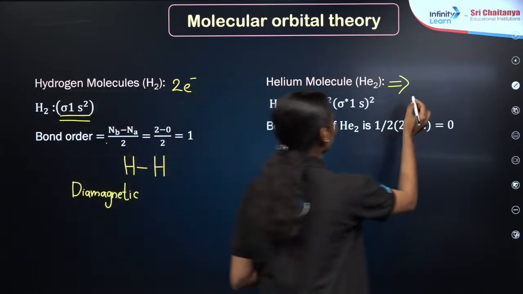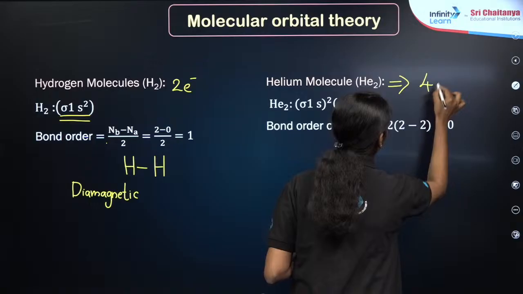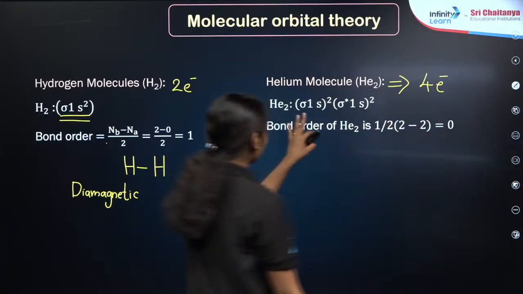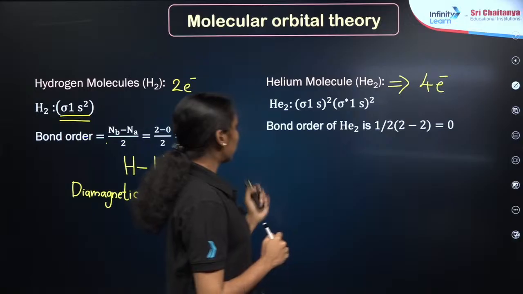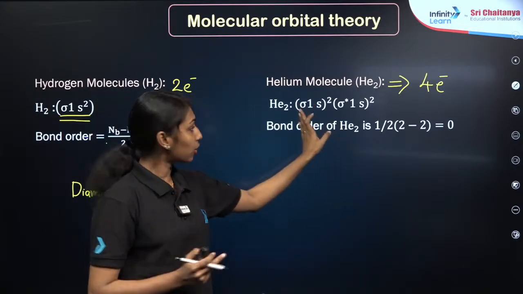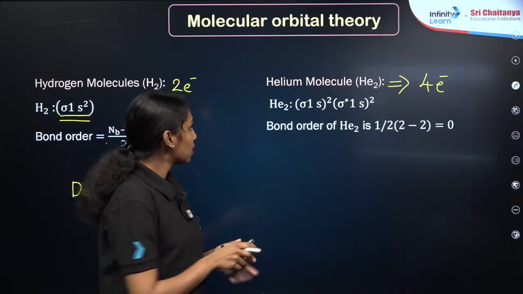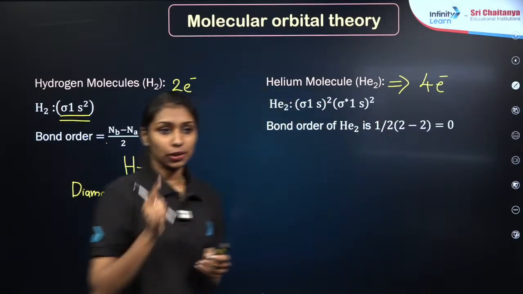Two, right? So in the case of helium molecule, it is 2 into 2, 4 electrons. So write down the electronic configuration. It will go like this: sigma 1s2, then sigma star 1s2. Then what about the bond order? Taking the difference between number of bonding electrons and number of anti-bonding electrons, we can say here 2 minus 2 divided by 2, that is equal to 0.